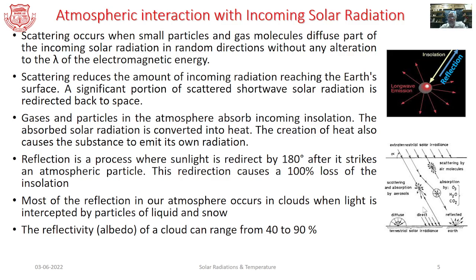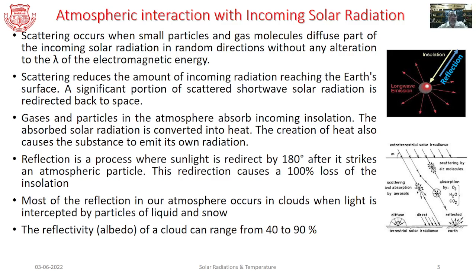These particulates are receiving this insolation. Partly they will be absorbing, partly they will be transmitting, and partly they will even be reflecting back a portion of the electromagnetic energy being received.